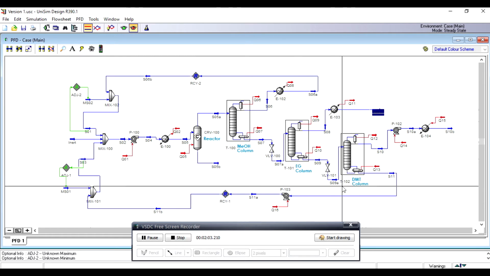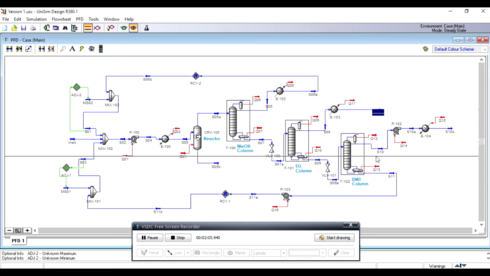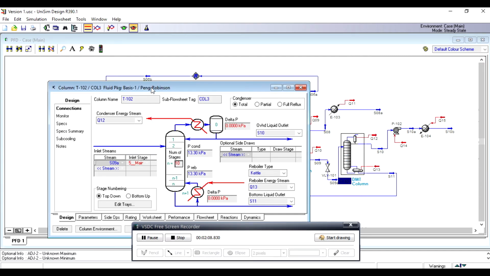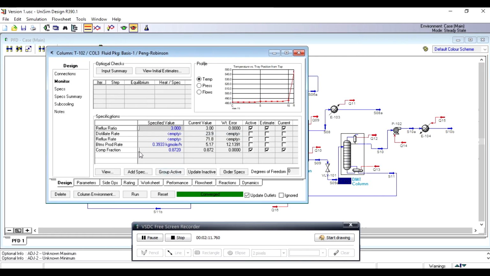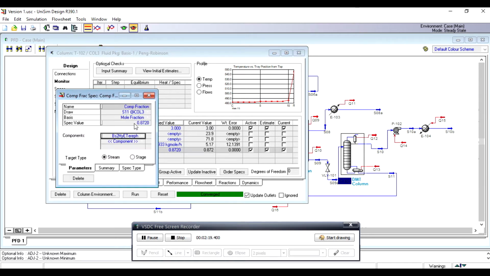The bottom product also goes through a second valve and is fed into the third column, which is a DMT column. In this distillation column, the design specification includes a reflux ratio of 3 and a component fraction of BHET at 0.872 instead of component recovery.